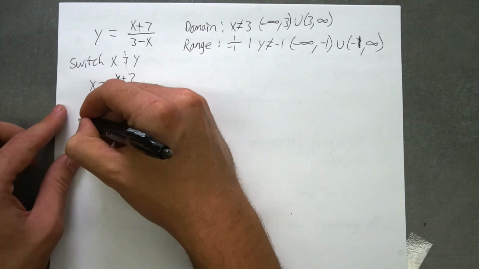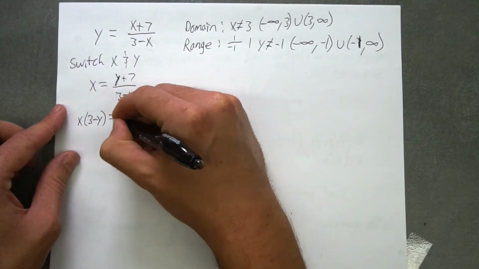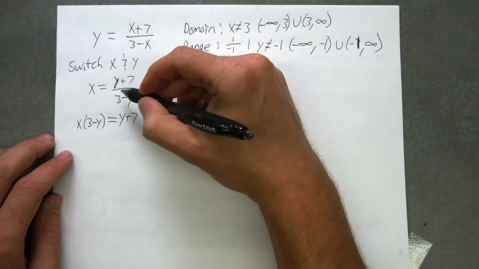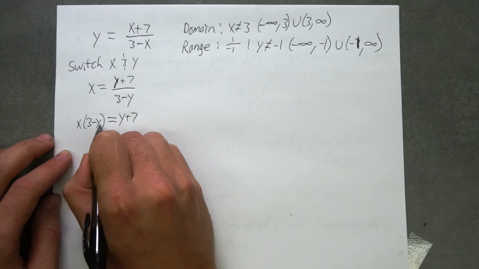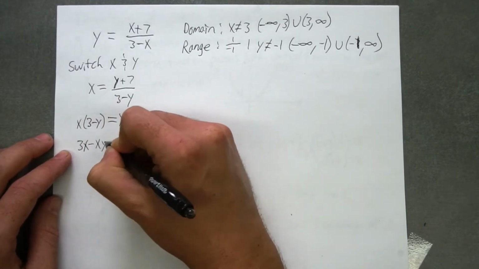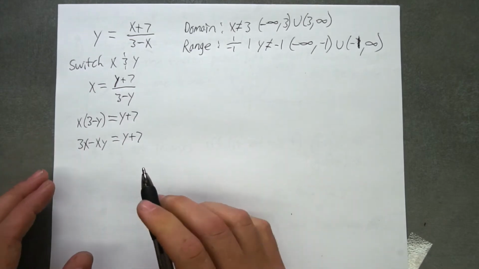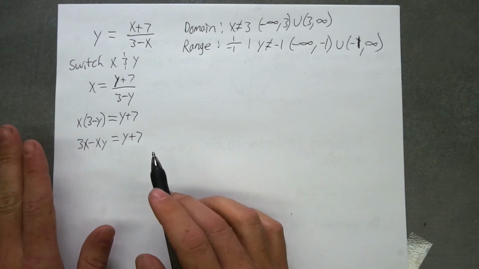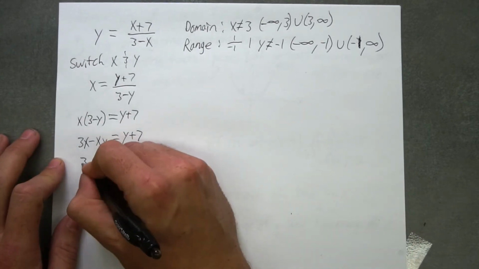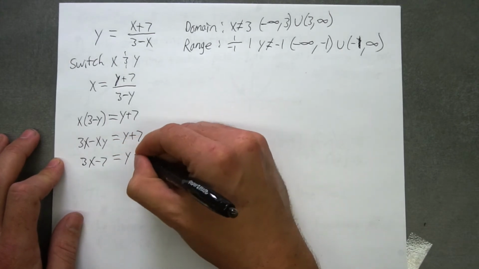So we get x times 3 minus y equals y plus 7. All I did was multiply both sides by 3 minus y. Then I'm going to distribute this x in and get 3x minus xy is equal to y plus 7.